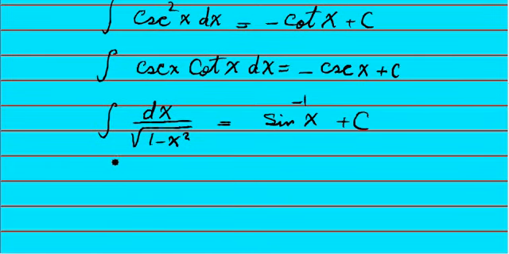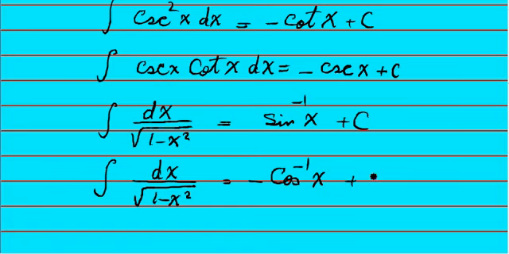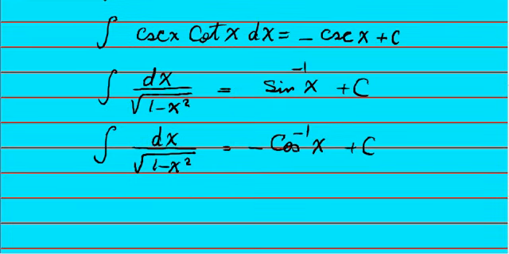You remember there was actually another option you had. Perhaps we don't need to make our life any worse than what it is, but just to remind you, cosine inverse of x would give a derivative which was negative of this. So if I start with minus cosine inverse of x, I also get that answer.